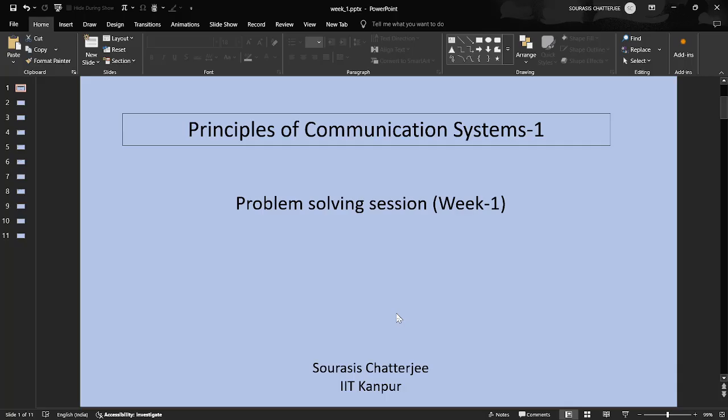We are supposed to solve some assignment problems, of course some sample problems that will help you to solve your weekly assignments. I will discuss some sample problems, and in each problem there is usually one key concept. I would like to explain that concept to you all. I know that Professor Aditya Jagannatham did a remarkable job in explaining the different concepts in his course.